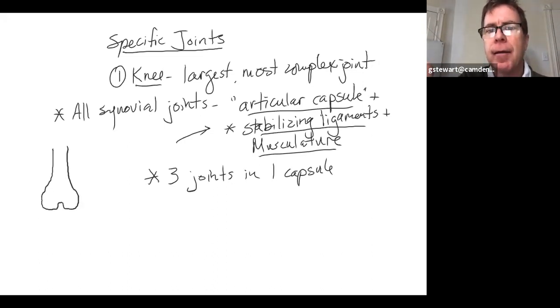At the knee, I'm going to exaggerate the space so that we can make a joint. Here's the head of the tibia, the lower leg that it rests on. There's articular cartilage on the surface, which is hyaline cartilage, here and here.